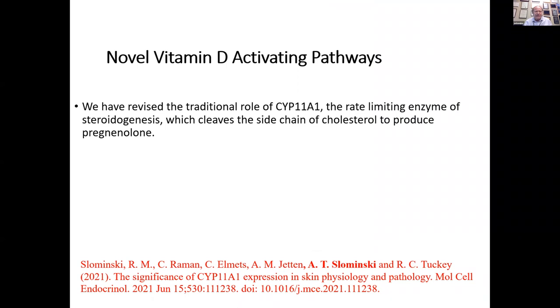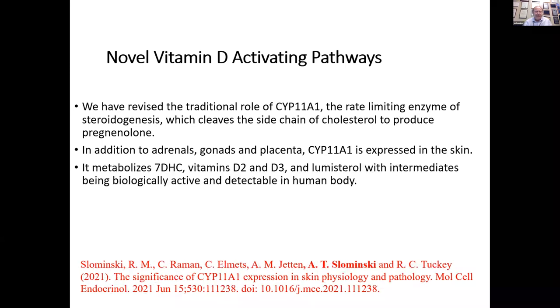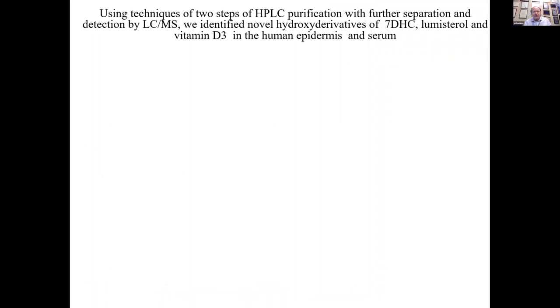We have revised the traditional role of CYP11A1, the rate-limiting enzyme of steroidogenesis, which is expressed in addition to adrenals, gonads, and placenta, also in the skin, and it metabolizes 7-dehydrocholesterol, vitamin D3 and D2, and lumisterol, with intermediates being biologically active or circulating in the serum.